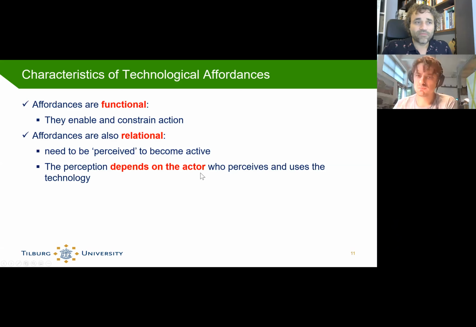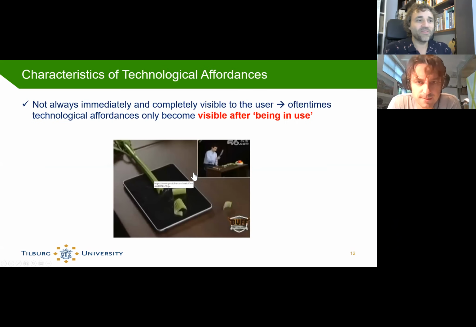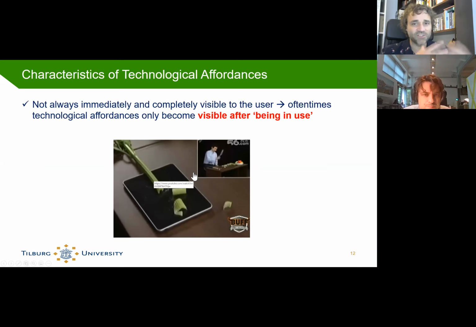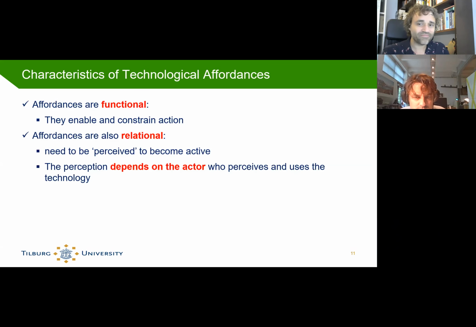And for example, this is someone who uses a tablet to cut vegetables. And cutting vegetables on a tablet is a perfectly fine affordance of a tablet. Only it's not the thing that we are probably going to use it for. Because we've learned, and it's designed in such a way, and it costs so much money, that we're going to use it for different things. Final example, a rock. If you have a rock, you can also define it in terms of shape, consistency, material, elements, whatever.